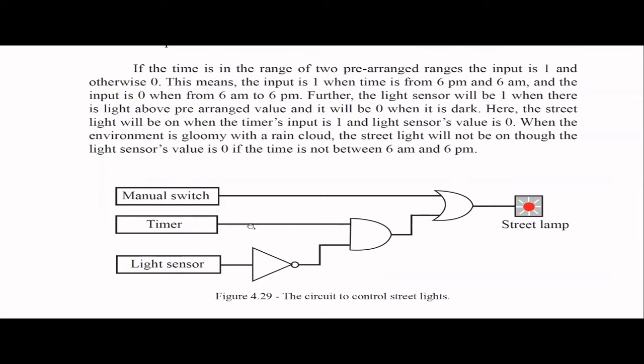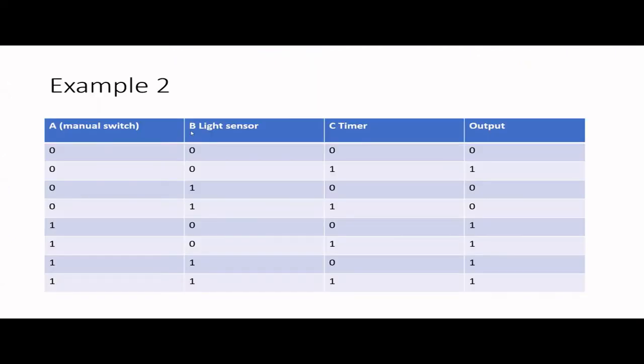That means a NOT gate is coming there. So NOT light should be there. If both conditions are satisfied only, it will give input for this. But if the manual switch is closed, no matter what this is, it's going to have the street lights on. But if this is the off scenario, it will look into this case and switch on the street lights. Okay, we'll check the truth table for the same thing.